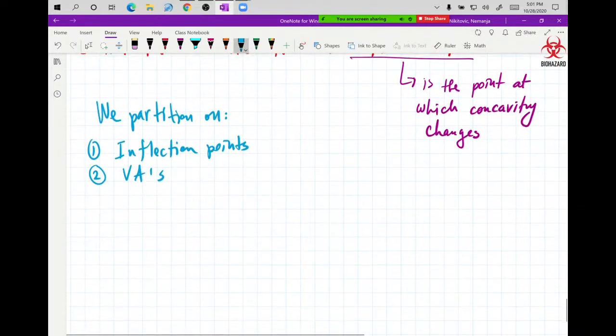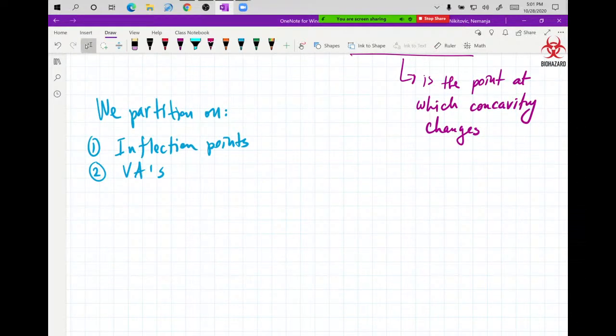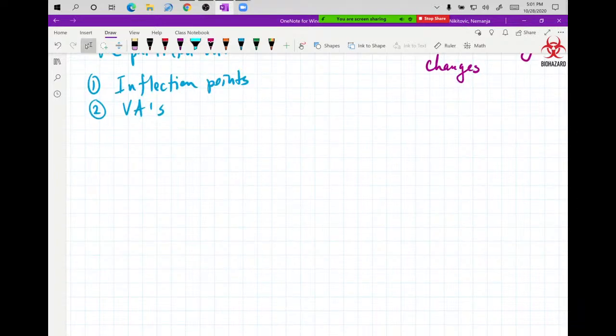So the same as your first derivative test partitioned on critical points, which included vertical asymptotes, now you have inflection points and vertical asymptotes. So the initial problem, the easiest problem we can practice, is going to be x cubed. Right, that's the first one.